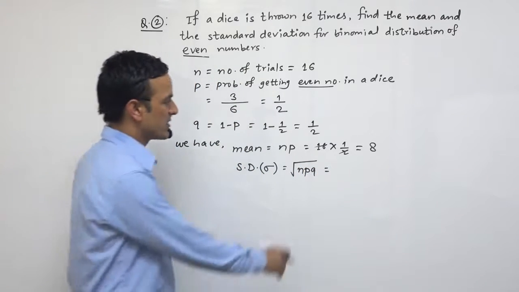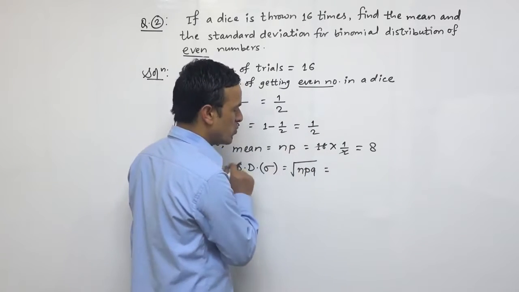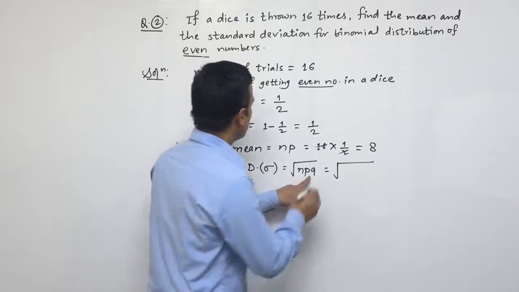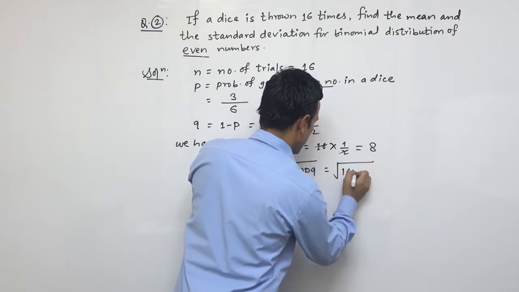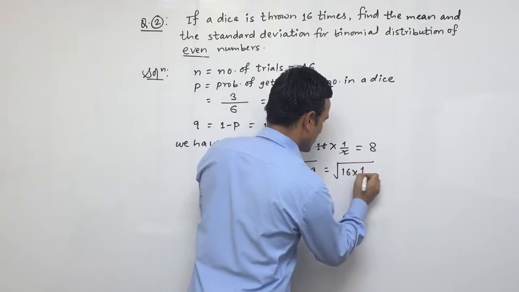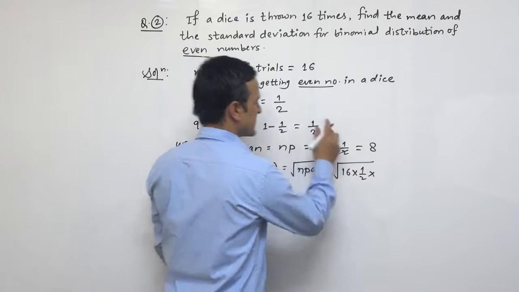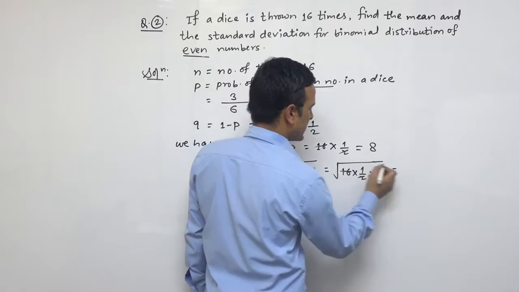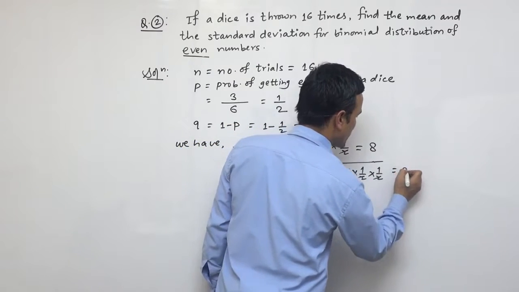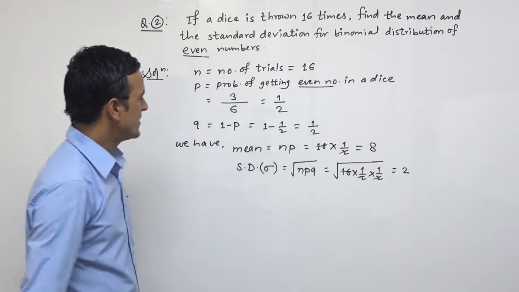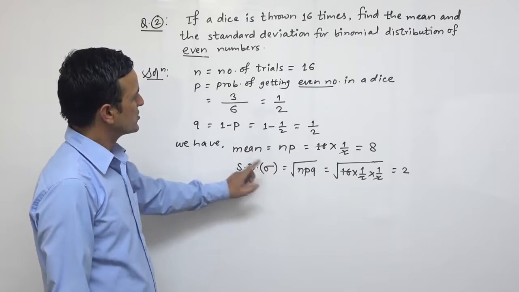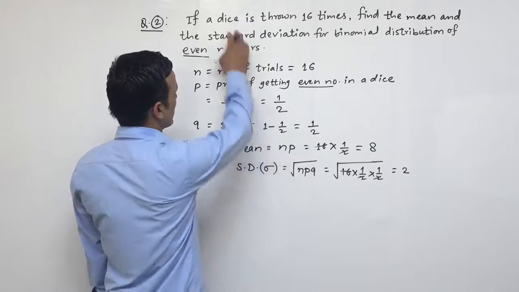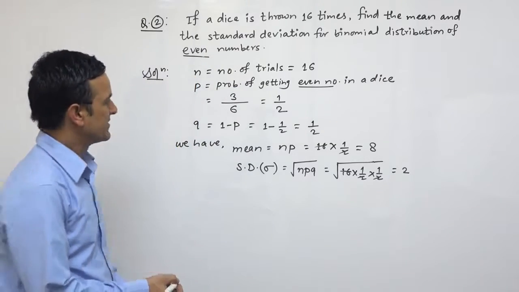Standard deviation निकाल्ने फर्मुला हामीले अलरेडी लेखिसकेका छौं, स्टडी गरिसकेका छौं. यसमा भ्यालु सब्स्टिट्युसन गरौं. n means 16, p means 1 upon 2, and q is 1 upon 2. So if you cancel this one, then it will be 4, and root of 4 means it is 2. So this is standard deviation. In this way we can find out mean and standard deviation for a dice, and this is the required solution.